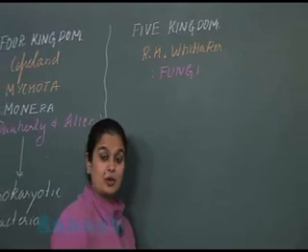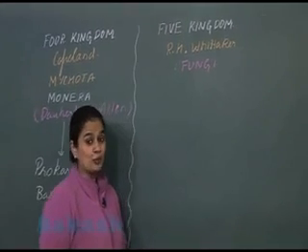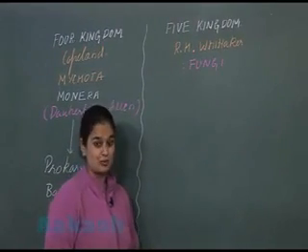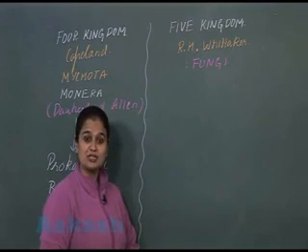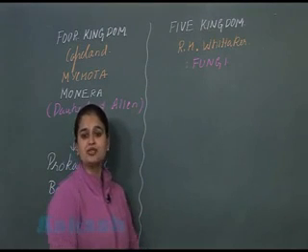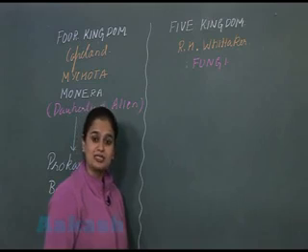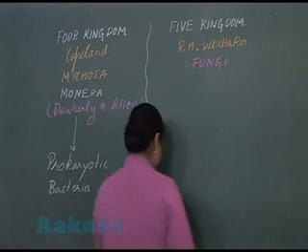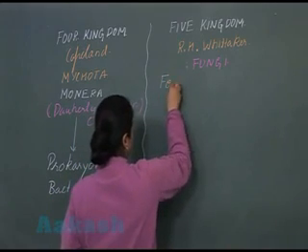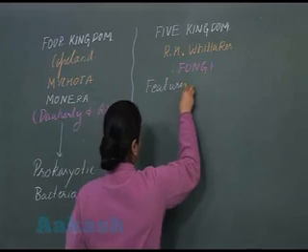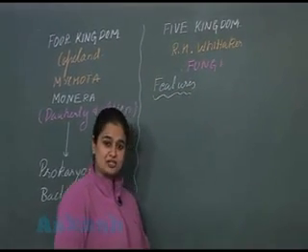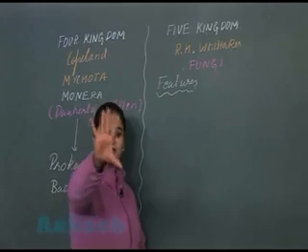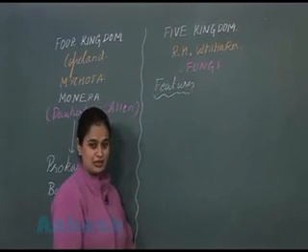Fungi. Now we have to see what were the different criteria, the different features, which were utilized in the five kingdom classification system. Five kingdom classification system is mainly based upon five criteria.